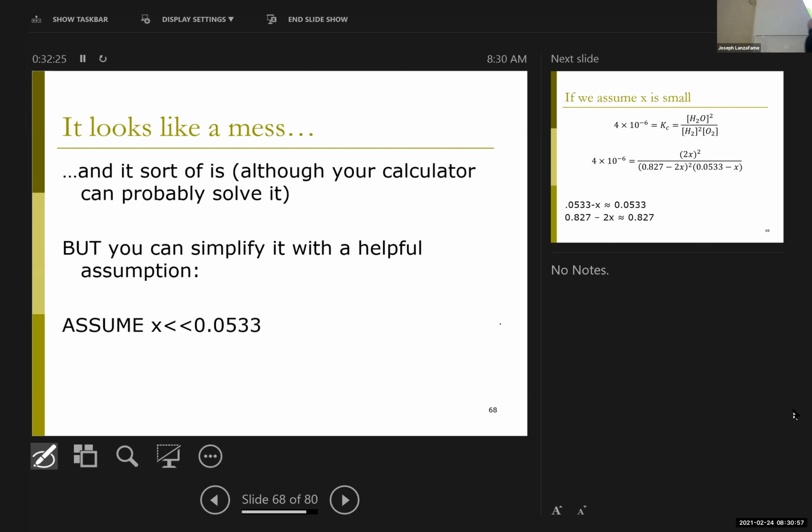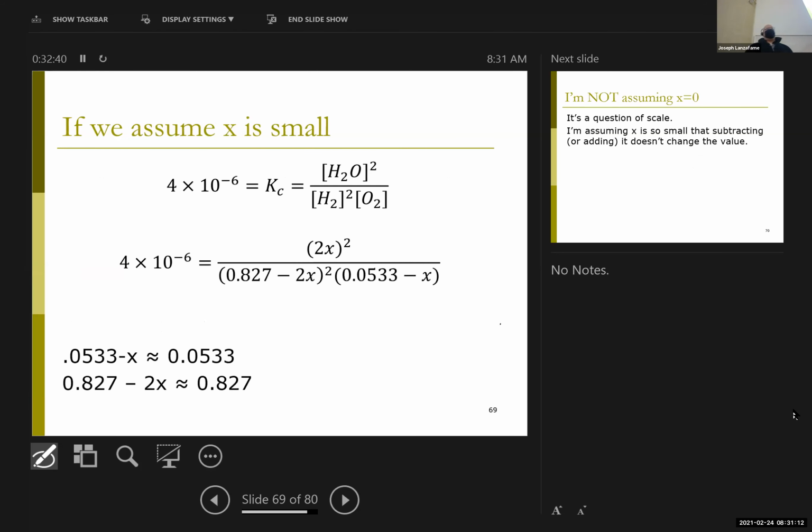And so what I'm going to do is assume x is less than 0.0533. I am not making x 0, as some people like to interpret this. Because of course, if I'm assuming x is 0, my answer is x is 0, which basically tells me nothing happened in the reaction. I'm not assuming x is 0.